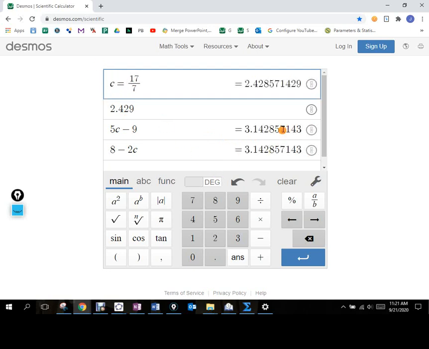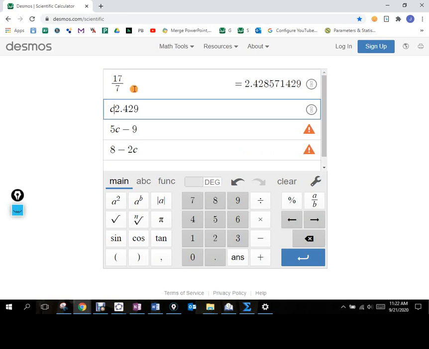Does that make these two things identical? Does that make sense to everybody? But if I would have rounded 17 over 7 to this, do we see that they're not identical now? Okay, so this is an approximation of the answer, but it is not the number that makes the equation true at the beginning.